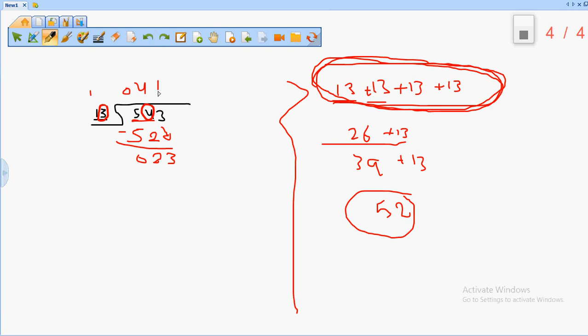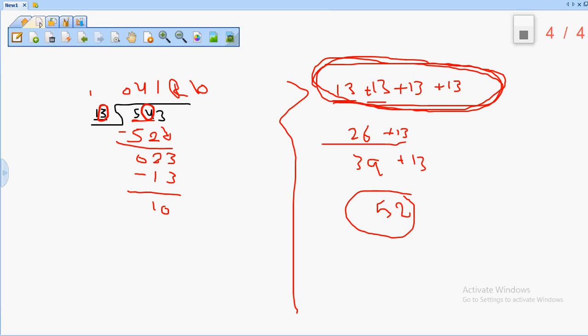I will take 1. 1 times 3 is 3, 1 times 1 is 1. 23 minus 13 is 10. 10 is less than 13, so I will put it as remainder. So the answer is 41 and remainder 10. Okay, boys? So we have to follow the same procedure if we divide decimals by a whole number. Let's go back to our lesson.